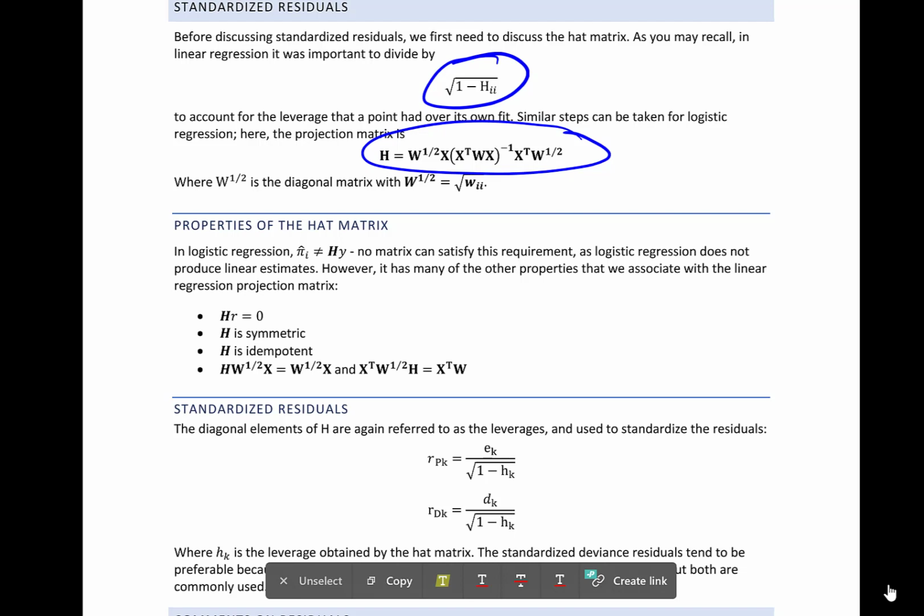It does have that nice property in linear regression. It does have some other nice properties that are the same as the linear regression projection matrix, and I'll let you look at these on your own if you're interested. So this is just a nice theoretical side note. Even though the hat matrix or the projection matrix is really important and is in play in the background, I'm not going to cover it too much here, but it is definitely something you want to be aware of.